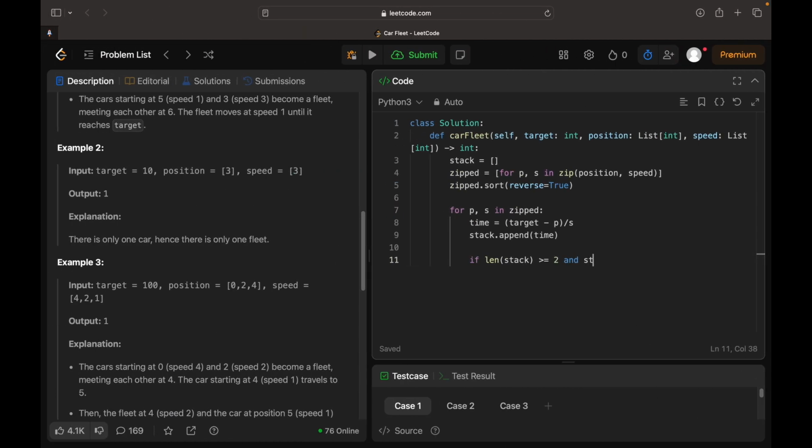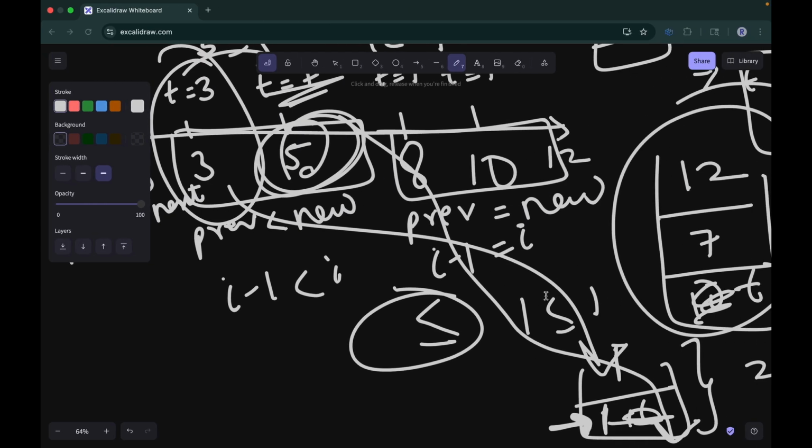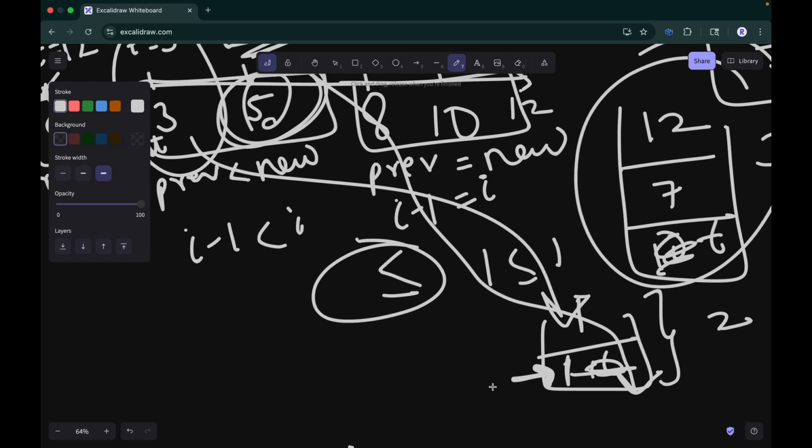So I'll just check that, hey, if the stack at -1 is less than or equal to the stack at -2, that means that we are in a position where the car ahead of us is moving slower than us. So that's going to be a bottleneck for us. So let's just pop off this element, because that element is ultimately going to converge to become as fast as this guy, and we'll reach at the same time.